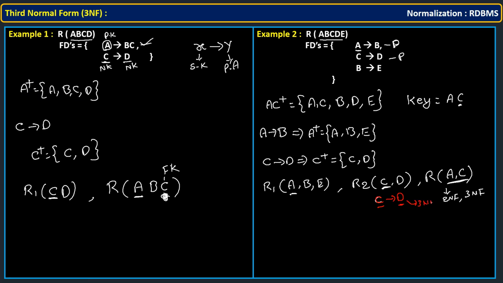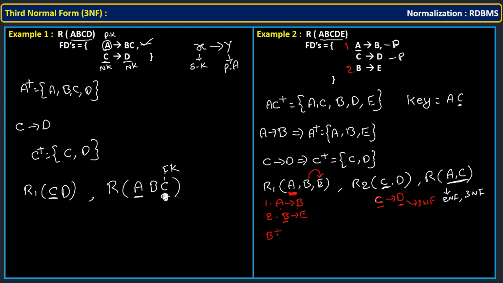Now let us come to R1. A derives B. This FD we are covering here. And B derives E is also there in R1. If you observe, the primary key is A. So A derives B, a non-key attribute, and B derives E. So we are dividing R1 further.